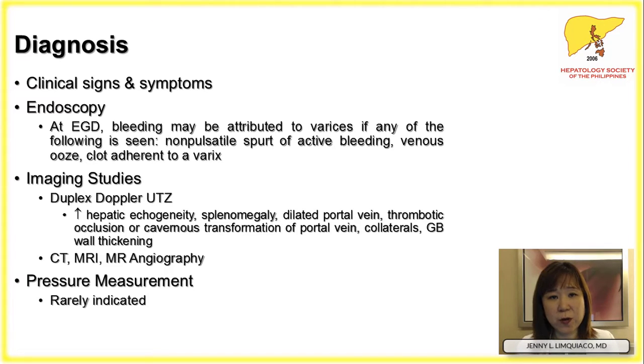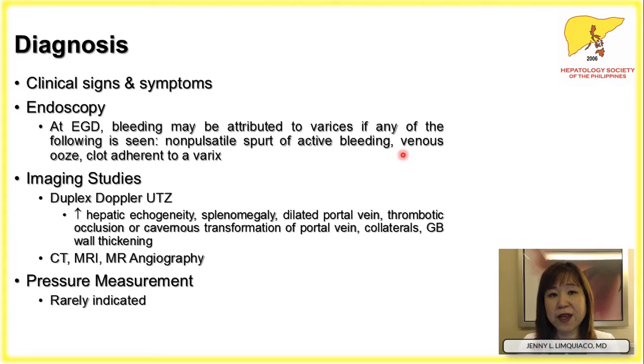So how do you diagnose varices? First, you can go by clinical signs and symptoms, like a patient presenting with massive GI bleeding, and the second one is by endoscopic evaluation. On endoscopy, you will see some stigmata of recent bleeding, which is exemplified by either a non-pulsatile spurt of active bleeding, venous oozing, or a clot that is adherent to the varix. Or you can also do an imaging study, like a Doppler scan.